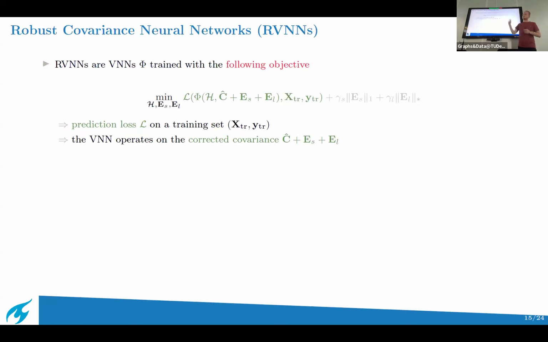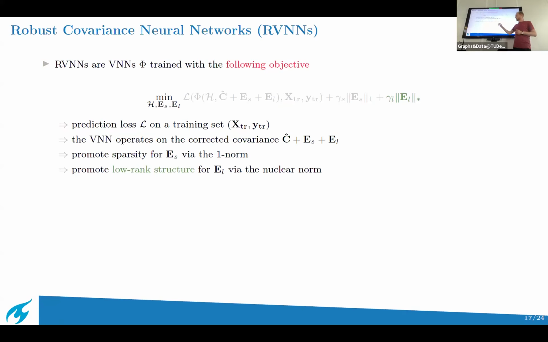So we have the sample covariance plus these two correction terms that we are trying to estimate to compensate for the outliers. And then we have a term in the loss that promotes sparsity for the matrix S, which should be sparse, and a term that promotes the low rank structure for L. In this way, we train this end to end on a training dataset. So we hope to get all the benefits of VNNs, but also compensating for outliers, missing values, and noise in the data.